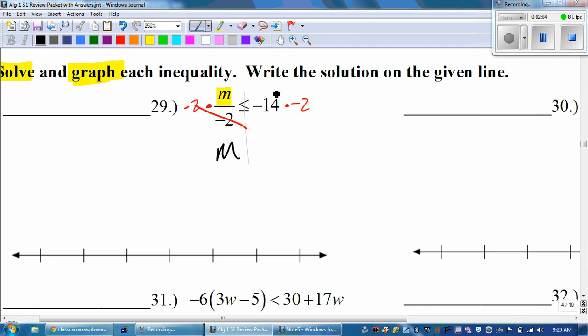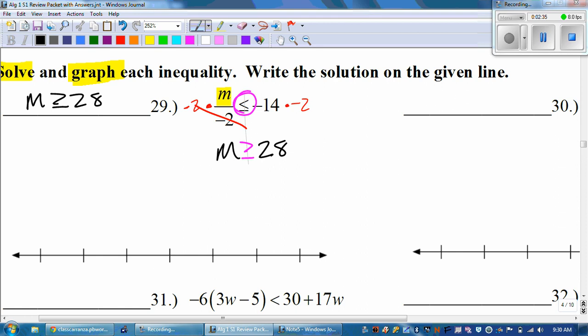The m's all by itself. -14 times -2, well, a negative times a negative is a positive, so that's a positive 28. But what did we just multiply by? Yeah, a negative. So if we multiply by a negative, we have to flip the sign. So I'm writing my answer on the line. m is greater than or equal to 28. We had to flip the sign.